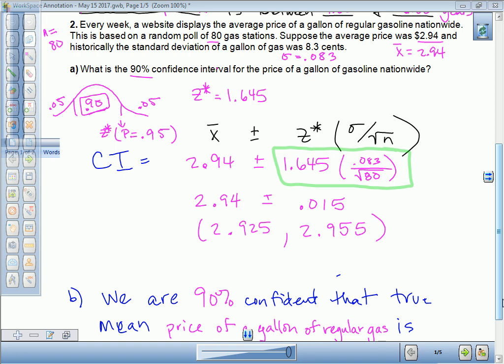Andrew has already noticed that .96 is really close to 1.75. So now we gotta go use that formula.